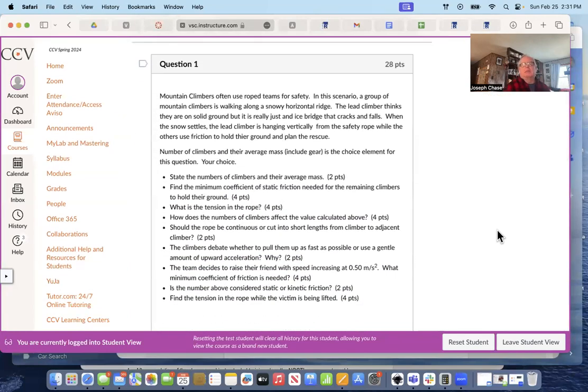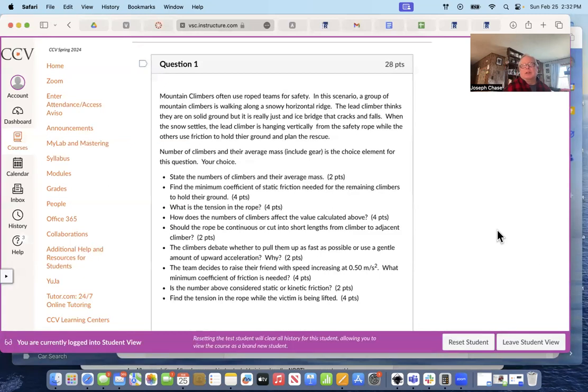Mountain climbers, rope teams. A group of mountain climbers is walking along a snowy horizontal ridge. The lead climber thinks they're on solid ground, but it turns out it's a snow bridge over a crevasse. Scary.